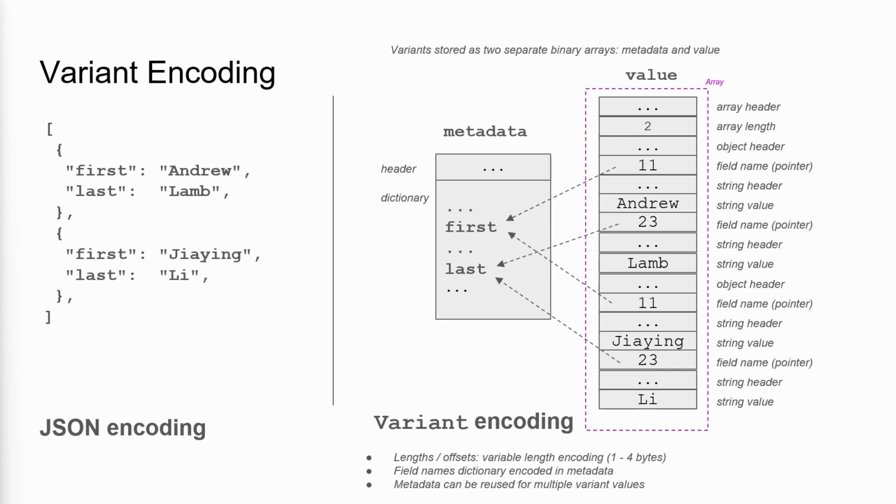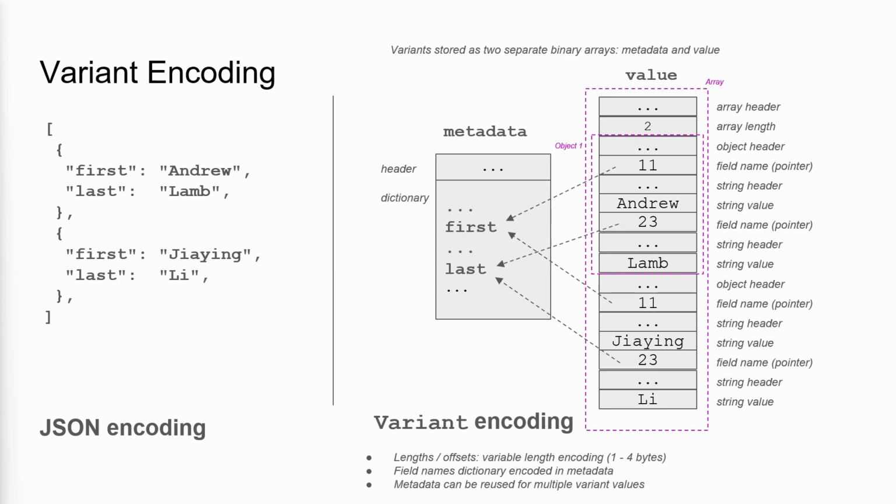So in the example on the right, that's the actual value. You start on the outside, encoding the list. There's some header that says it's a list or an array. It says how many elements are in it, in that case 2. And then the actual elements are inlined. In this case, there'd be an object, and you can see it nested in there. I put an 11 in there, that's the index into the dictionary.